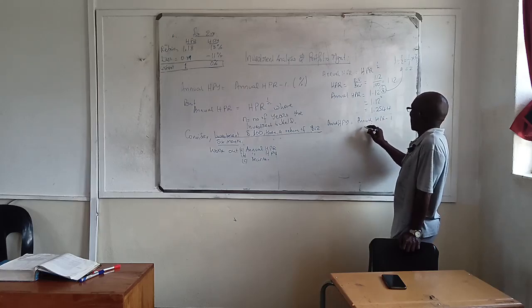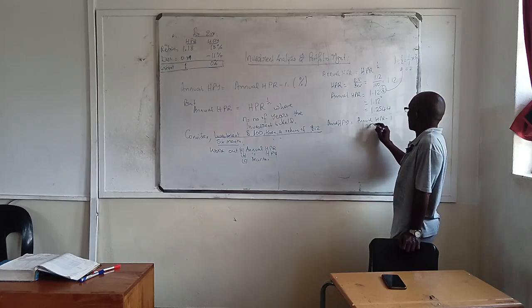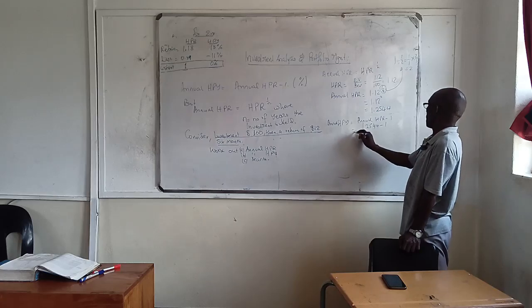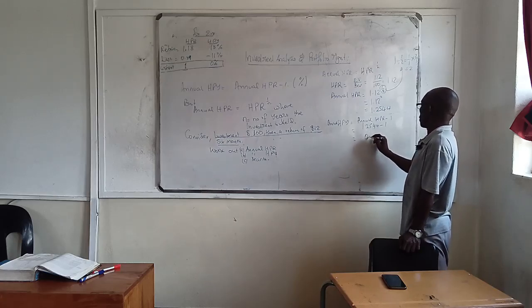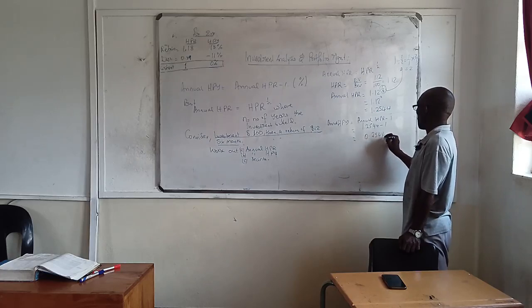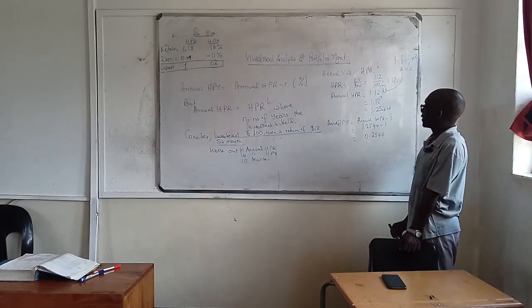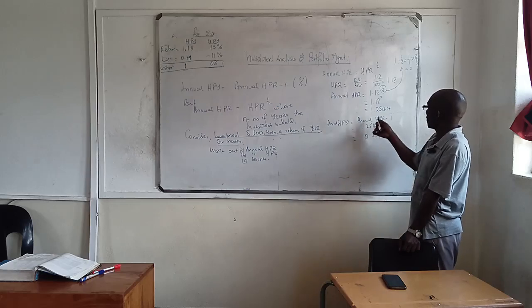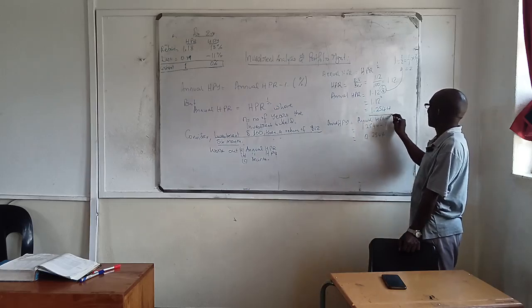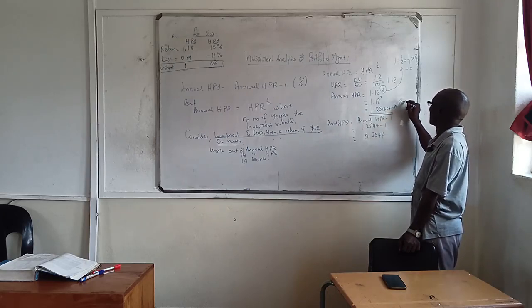So it is 1.2544 minus 1, which gives you 0.2544. That was a profit. That's why we are having that. This is more than 1. The moment you see that, this is a return, which is a profit.